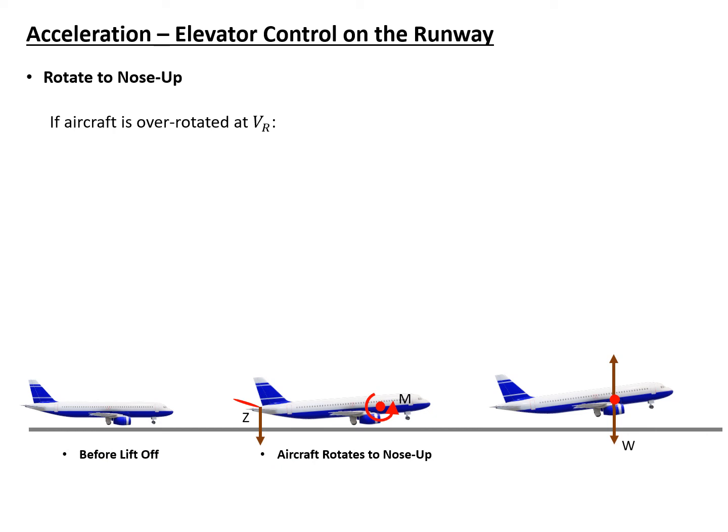There is a possibility that the aircraft is over-rotated at this rotation speed VR, and this will give rise to two consequences. One is that the liftoff might be too soon, and the second is that the aircraft might climb at too low an airspeed.